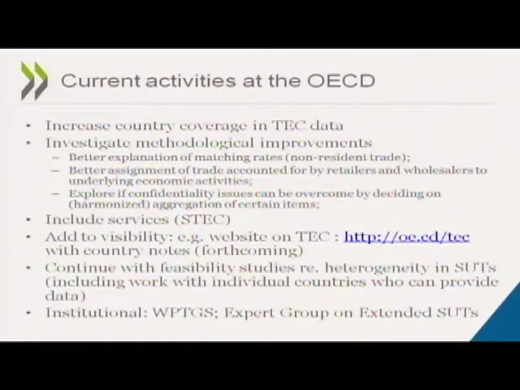I talked mostly about goods, trading goods. Trade by enterprise characteristics is something that relates to merchandise trade. My colleague will discuss the services part, because that is the second major challenge, because clearly trade is not only goods, it's also services. And this is also something that we need to attribute in any case within TIVA to industry.